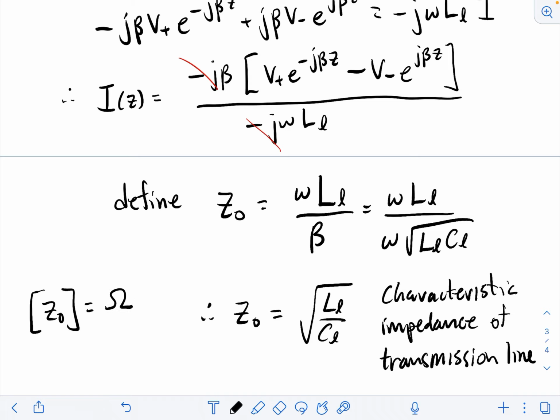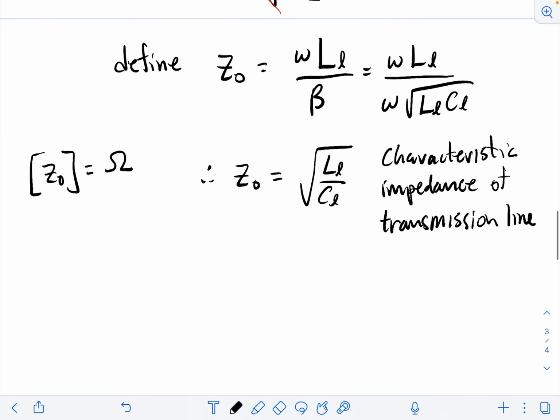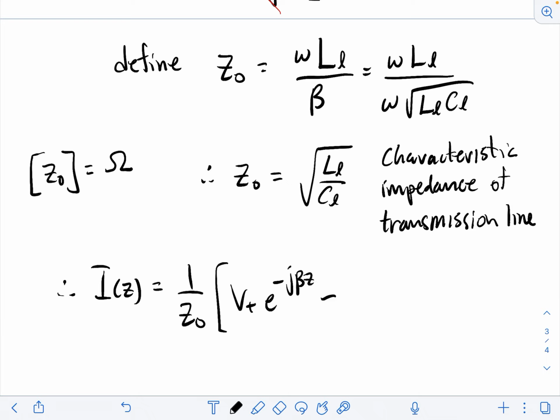Okay, but anyways, this quantity, omega times the inductance per unit length divided by beta, is exactly the inverse of the coefficient of our current amplitude expression. And so therefore what we have is I of z is equal to 1 over Z naught times V plus e to the minus j beta z minus V minus e to the plus j beta z.